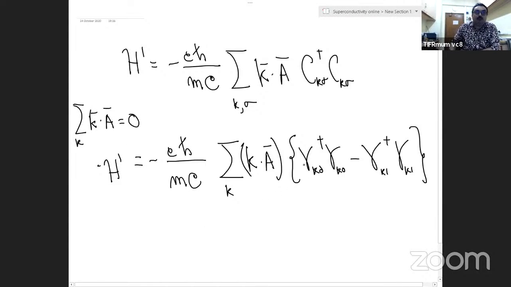You see, for the 0 kind of quasiparticle, the energy has actually decreased by this quantity, eħ/mc k·A. For the 1 kind of quasiparticle, the energy has actually increased.